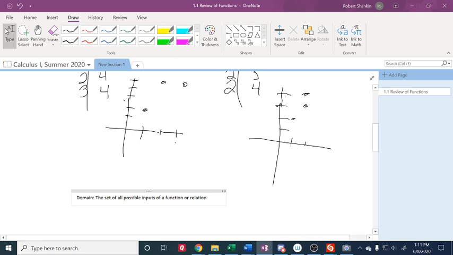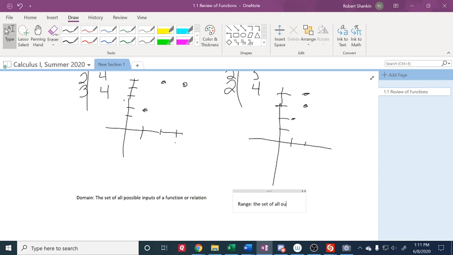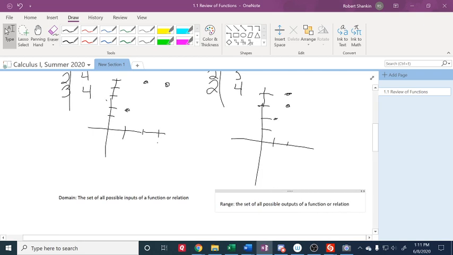Relation is some relationship where it doesn't pass the vertical line test, while the range is the set of all outputs possible of a function or a relation.